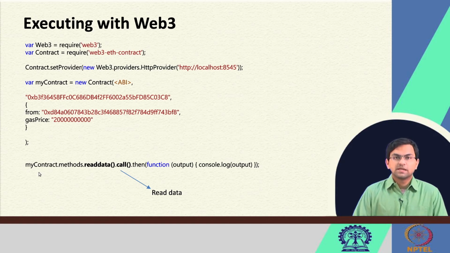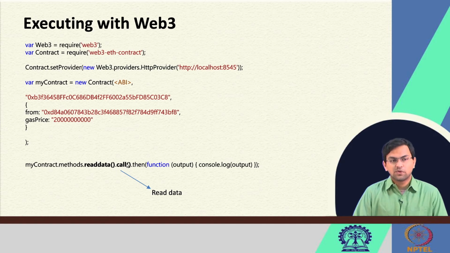To execute this contract, we need to specify which function we need to call within the contract. So myContract, which is defined here, dot methods dot the name of the function. Now if the function name is read data, then this is a view. For a view we would do a call.